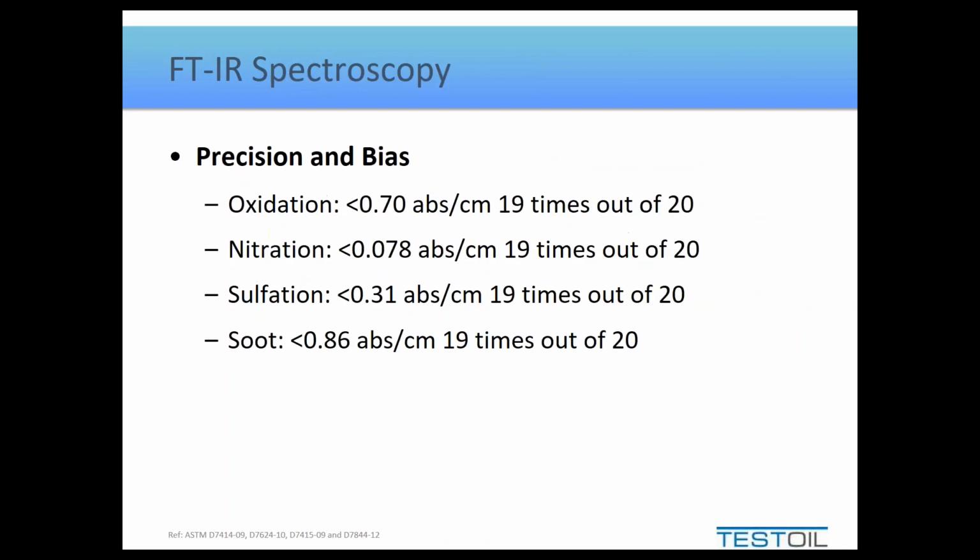If we look at the precision and bias statements, there is not an ASTM method specific to all parameters. Rather, there are individual ASTM methods for different parameters. Now, these 4 are the published ones, so I can quote them quite readily. As you can see, every one of them has a precision and bias statement of less than 1 unit of measurement with a 95% confidence rate.